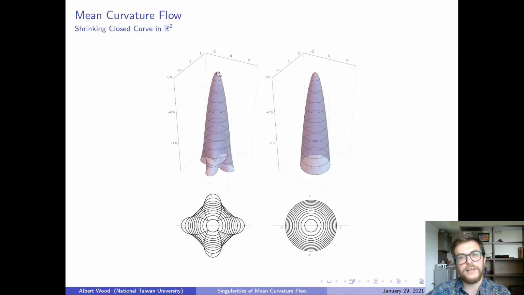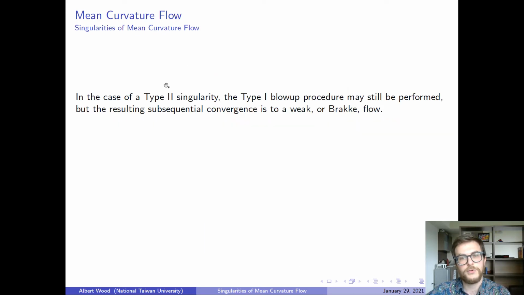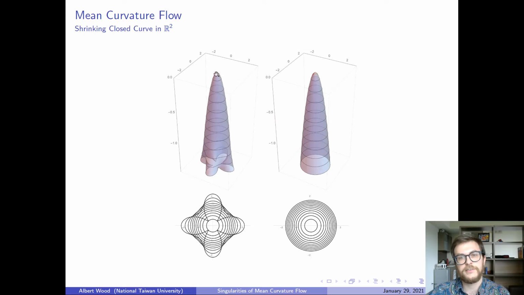So what we do is we focus in on this point at the end here, the space-time singularity, and we perform the parabolic rescaling, and we essentially end up seeing the infinitesimal behavior of the flow at this point, and we see that it looks very similar to a shrinking circle, the closer and closer you look.